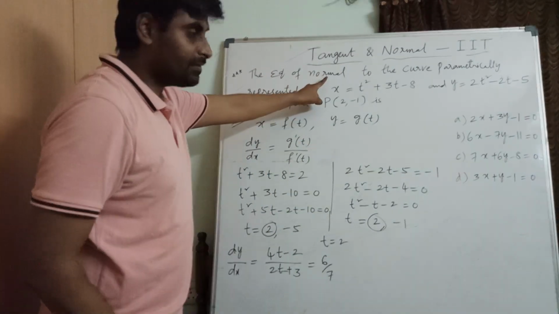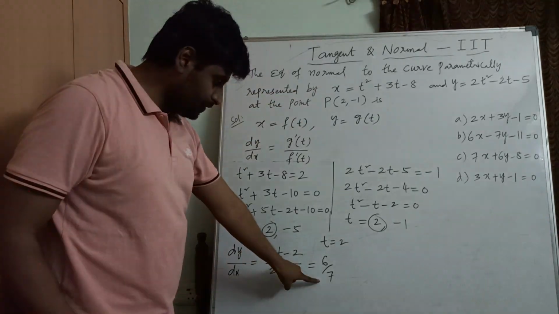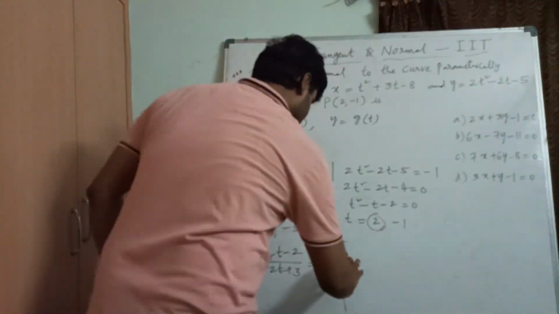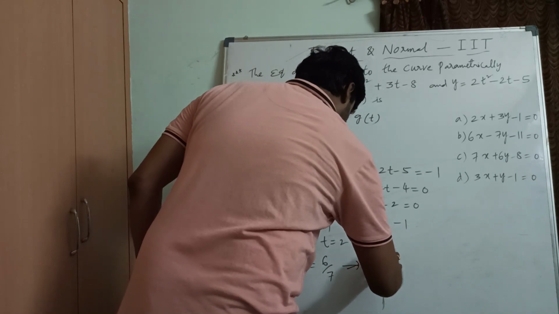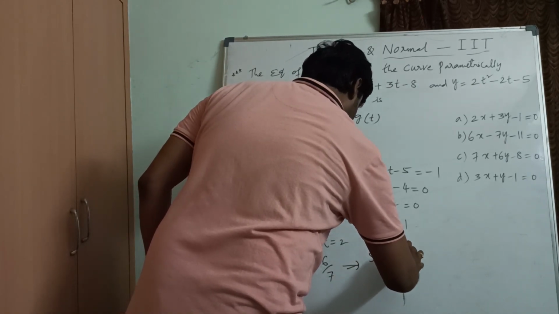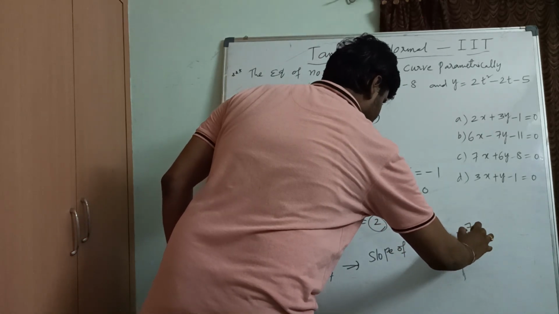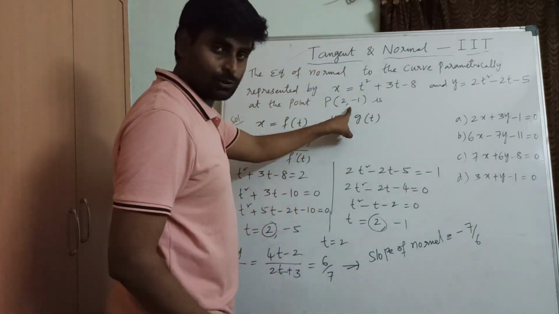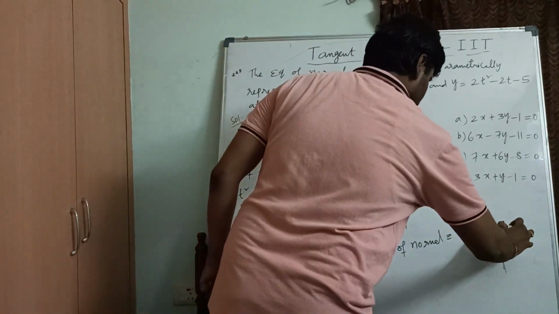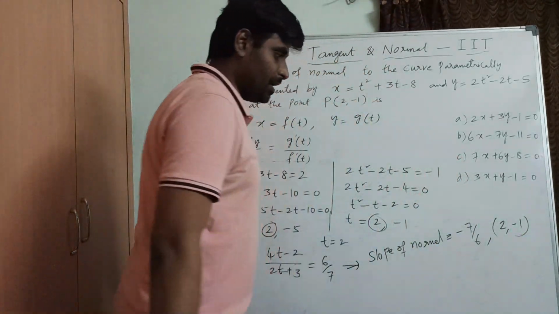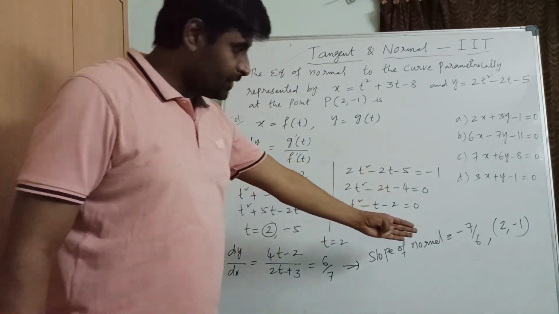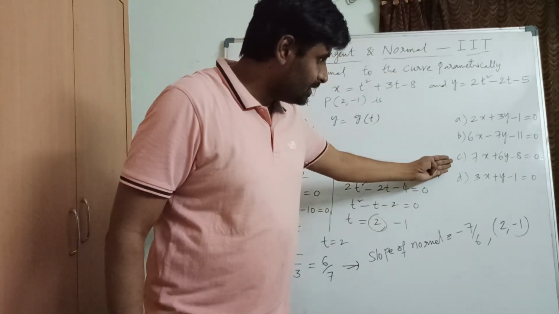But what you are finding is the equation of the normal. What is the slope of the normal here? Minus 7 by 6. So the slope of the normal is minus 7 by 6, and the point is 2 comma minus 1, that we know. Okay, so we can verify the options also here, correct?